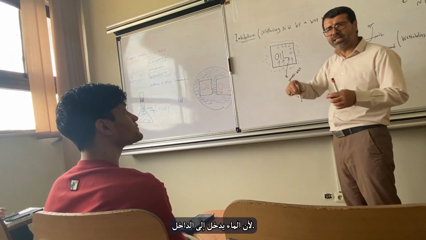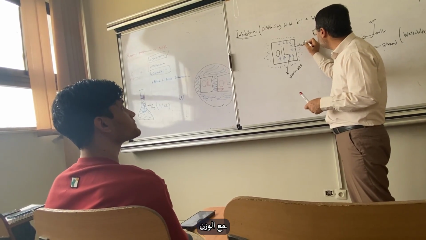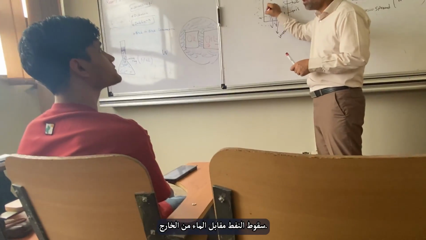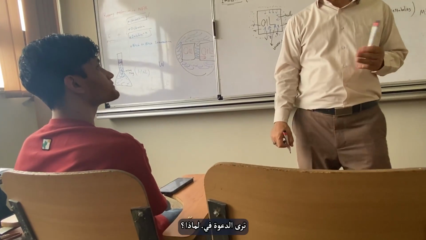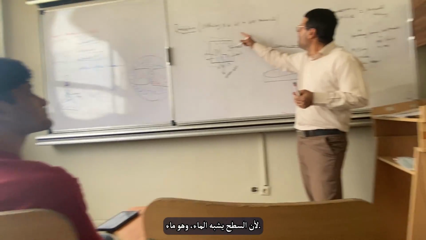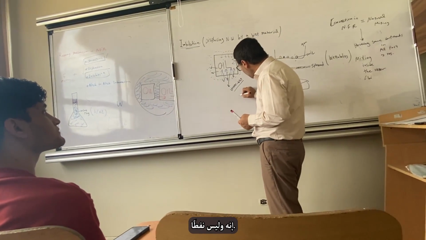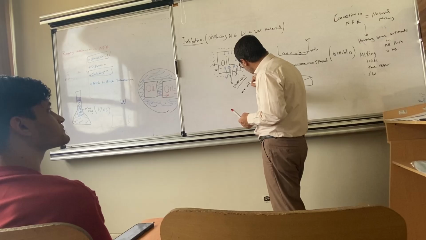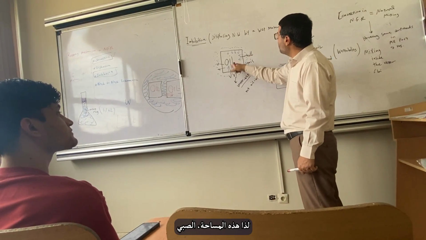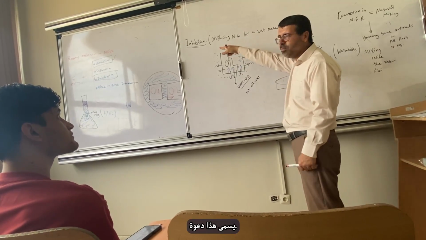Because the water comes inside them, it pushes the oil out. This is called imbibition. Why? Because the surface likes water, which is water wet, and is not oil wet. So displacing the oil, which is the non-wet phase, by the water, which is the wetting phase, is called imbibition.